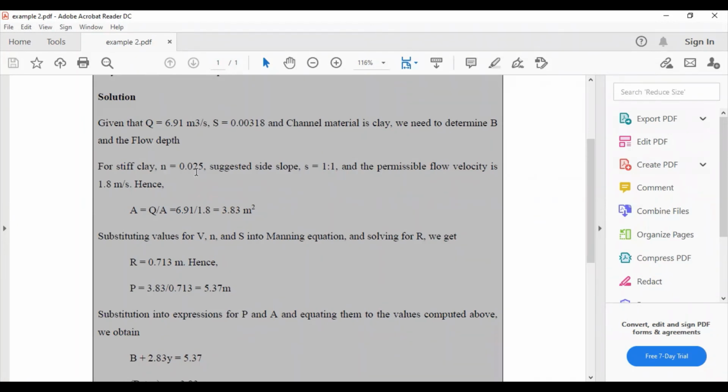We find 0.025. Then we also go to the suggested side slope in those tables, and it's 1:1 is good. Then we go to the velocity table and it tells us that 1.8 meters per second is the maximum velocity that you can apply to this soil. Otherwise, if you apply a higher velocity, it's going to erode your soil.